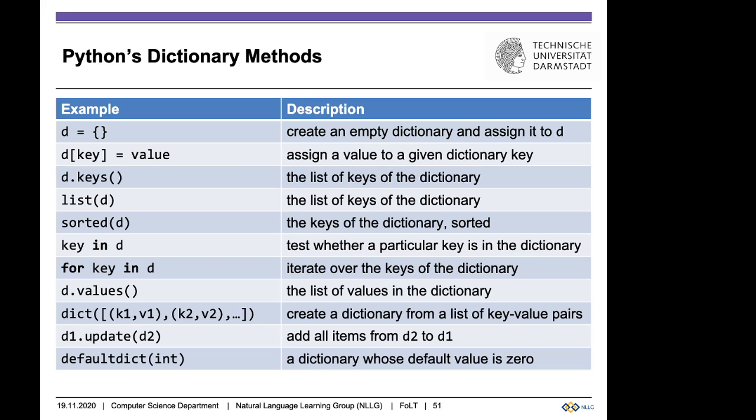Of course we can access all the values in the dictionary and create a dictionary from a list of key-value pairs. We can also add all items from the D2 dictionary to the D1 dictionary, and create a default dictionary where the default value is 0.